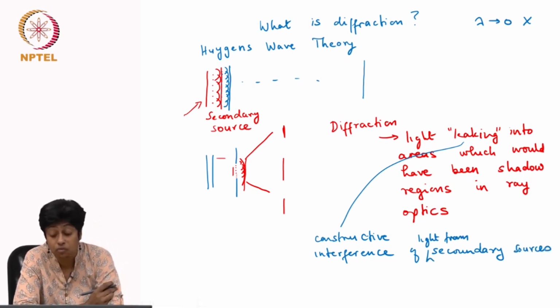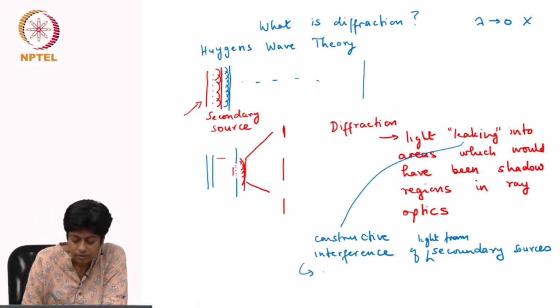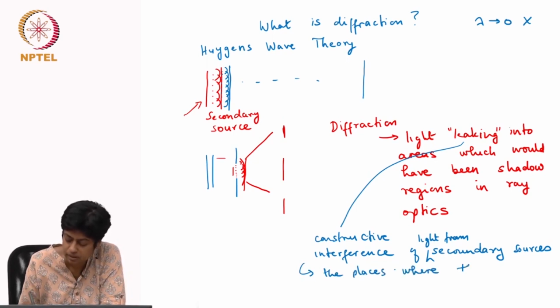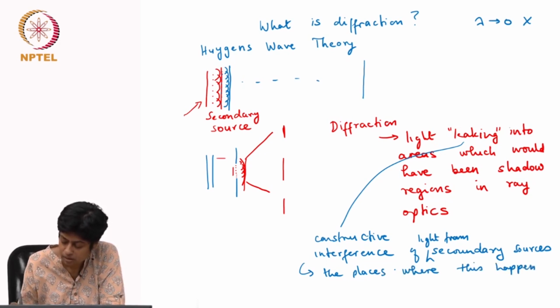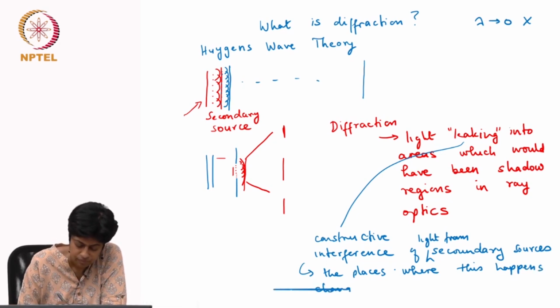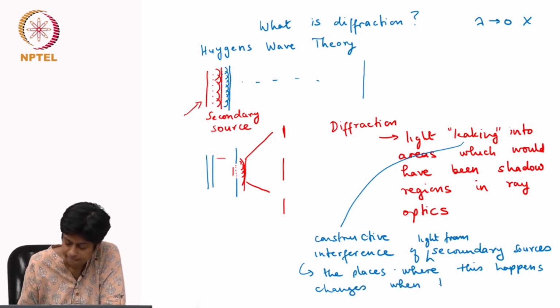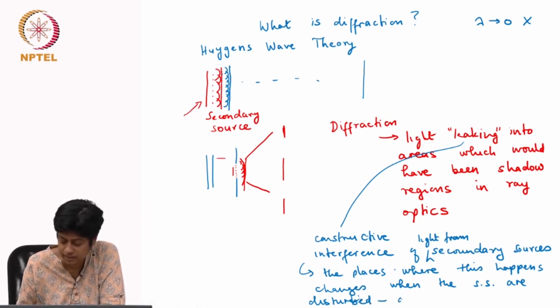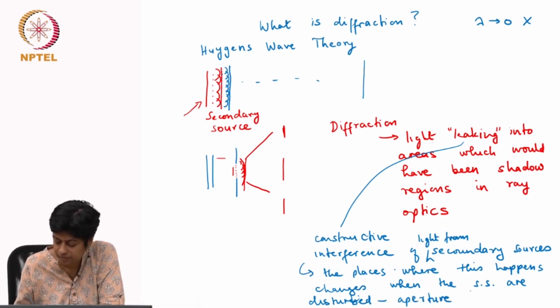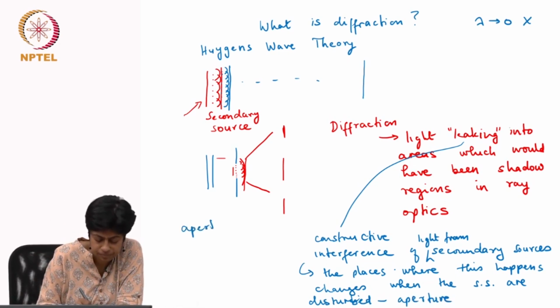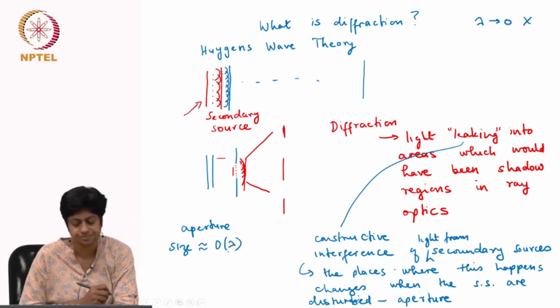So it's constructive interference of light from secondary sources, and the places where this happens change when the secondary sources are disturbed, and this happens whenever there's an aperture, especially if the aperture size is in the order of lambda. Okay.